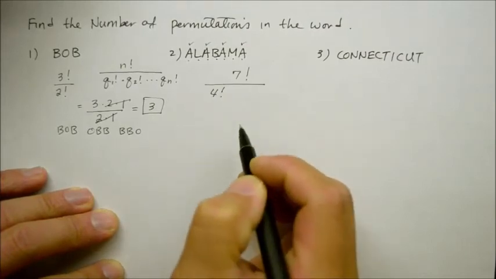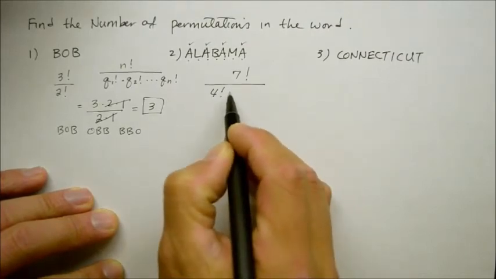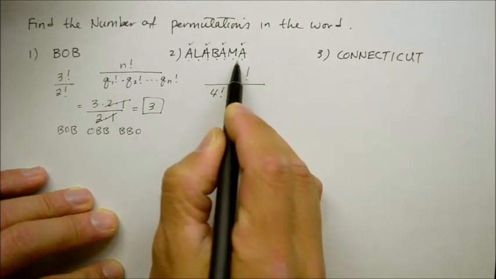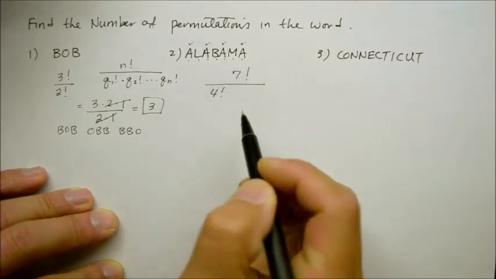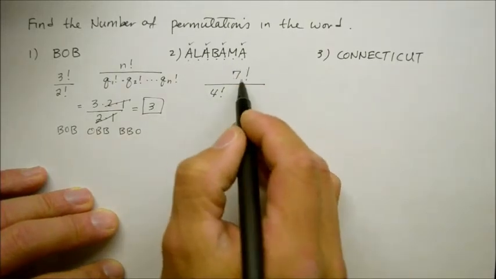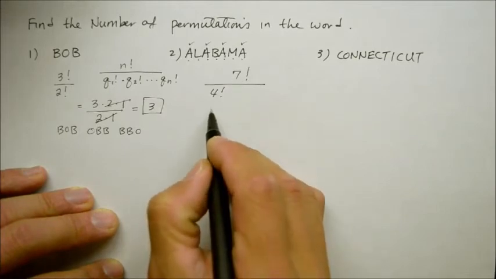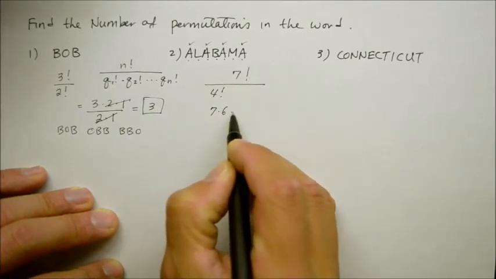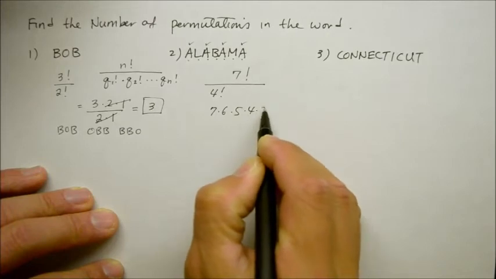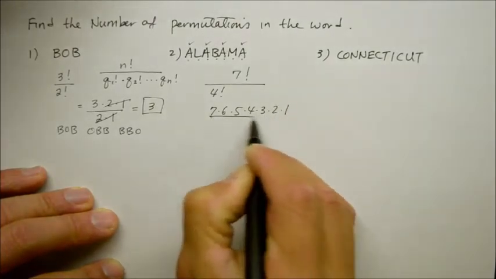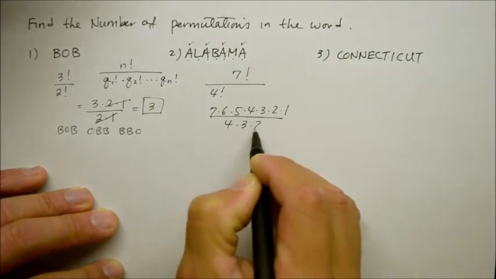So that's 4 factorial times, is there anything else that repeats? That is about it. So 7 factorial divided by 4 factorial. That's like saying 7, 6, 5, 4, 3, 2, 1 divided by 4, 3, 2, 1.